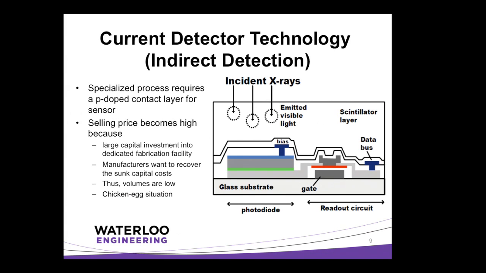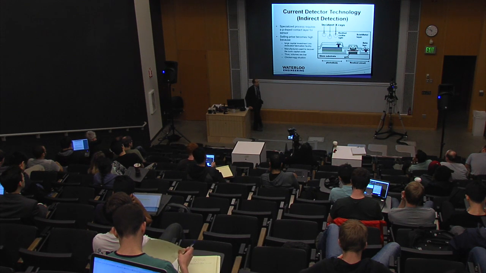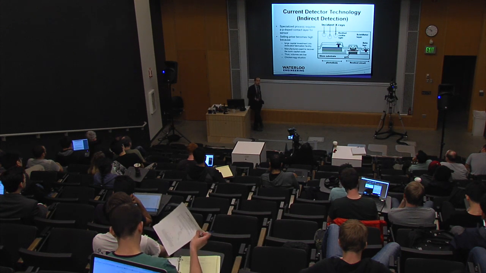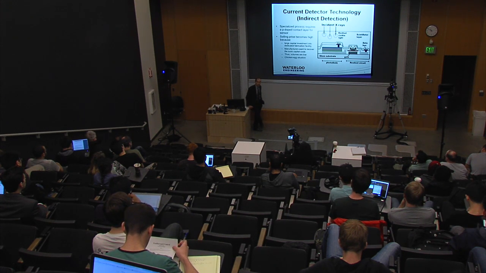So the price for these panels drives up because everybody who makes panels like this has invested a lot of money into making their own facility for photodiodes, okay? And they want to recover that sunk cost. And on top of that, that same facility has to be operating year-round. So there's an operational cost that goes with it. So that drives up the actual price of the panel.